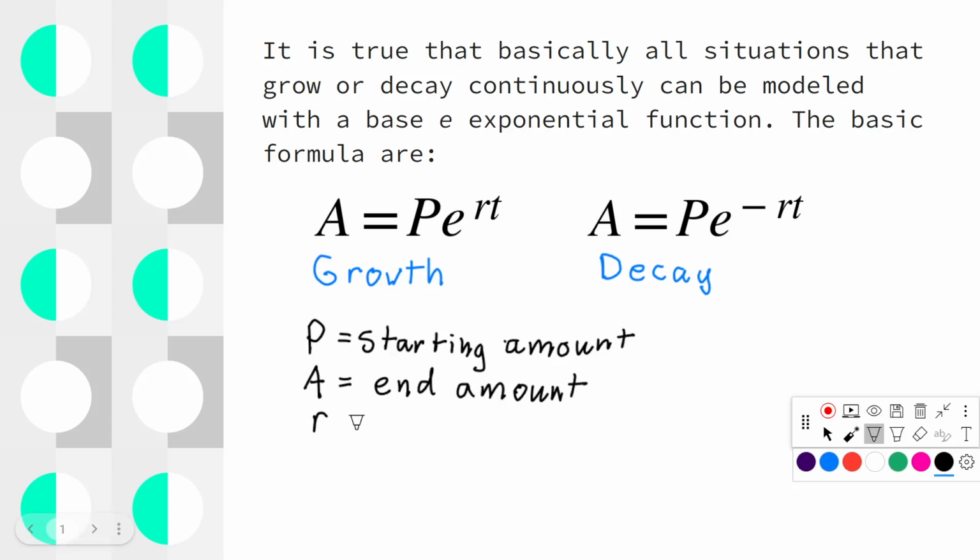R is the rate of growth or decay. Keep in mind that you need to convert the percent to a decimal. And T is the number of units of time.